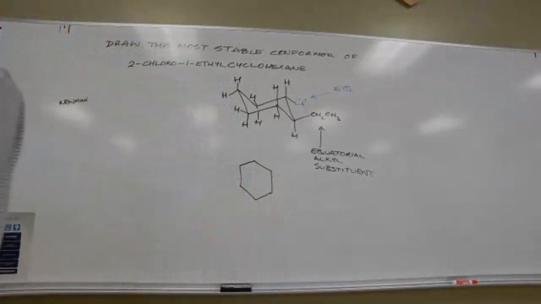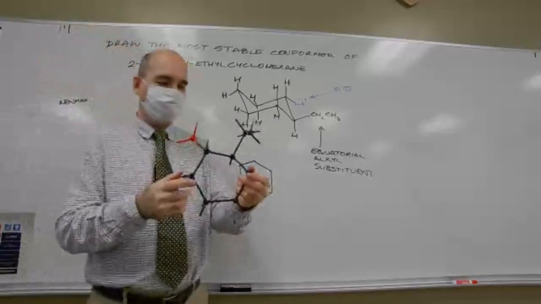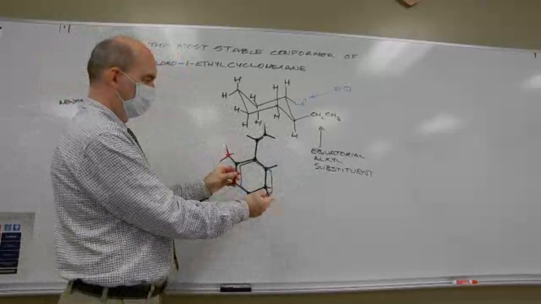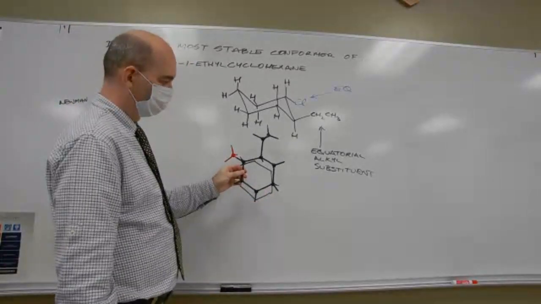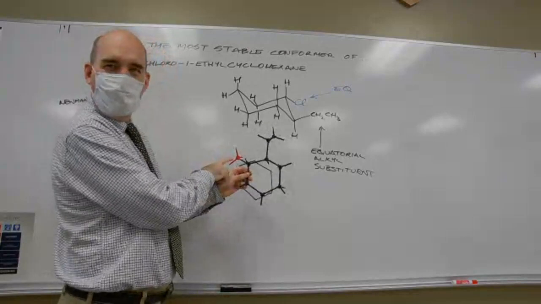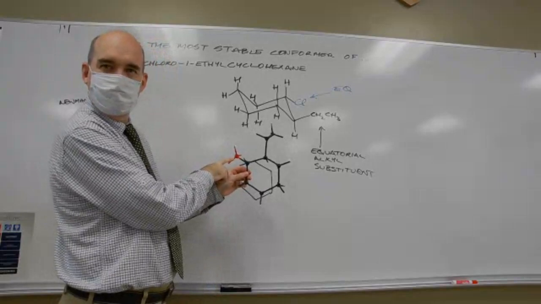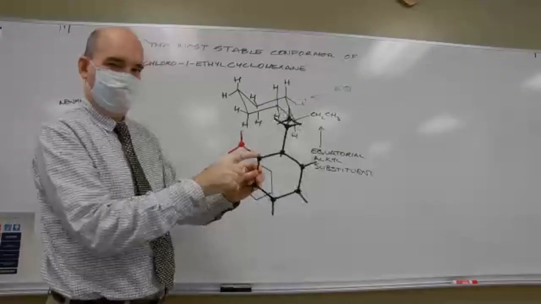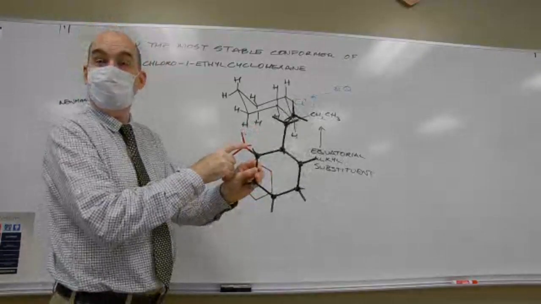If I drew the molecule as a hexagon, is the chlorine pointing towards me or away from me? See this hydrogen? That hydrogen is pointing towards you. That means that chlorine is pointing away.